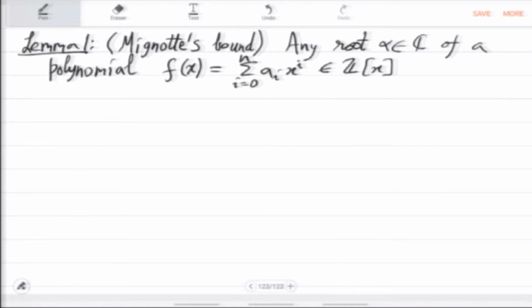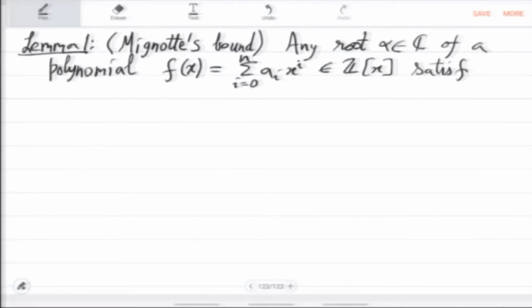So you know that over the complex numbers, the polynomial f will completely split into complex roots. The question that Mignotte's bound answers is how big is the magnitude of each of these roots. It says that the magnitude is at most n times the max coefficient.